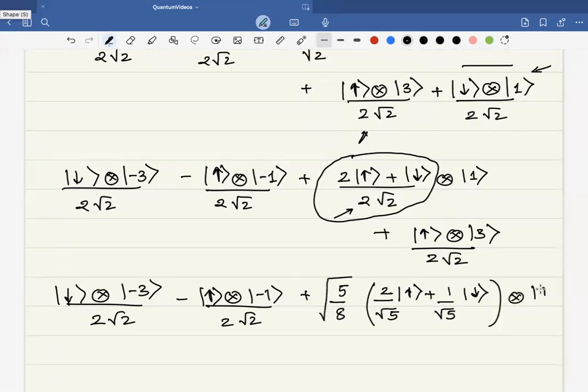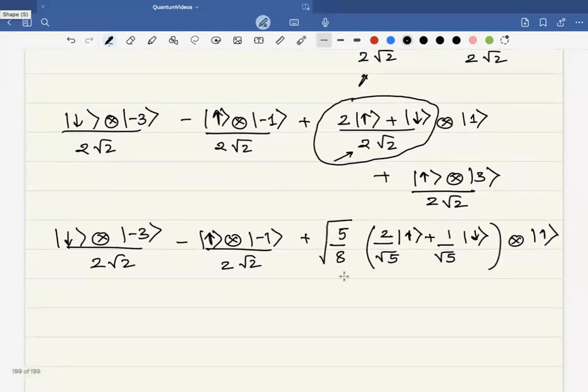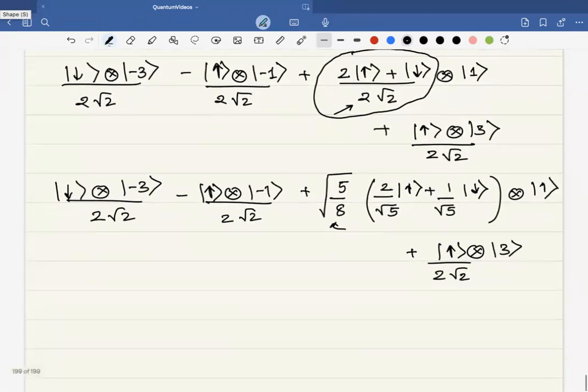Tensor 1. Now both the coin and the position are normalized, and the amplitude is outside over here. Plus up tensor 3 over 2√2. Okay, so this is the final state of the walker.